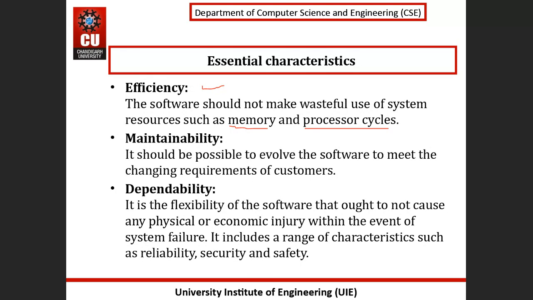Second is maintainability. So it should be possible to evolve the software to meet the changing requirements of the customer. So for example, if we take again the example of the UIMS system. Whenever it was first produced, it didn't have that many interfaces, like those that are added nowadays. Suppose we take the example of attendance mark.